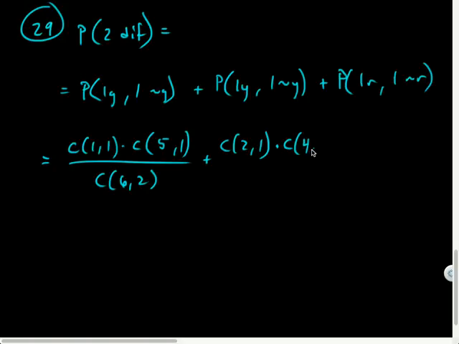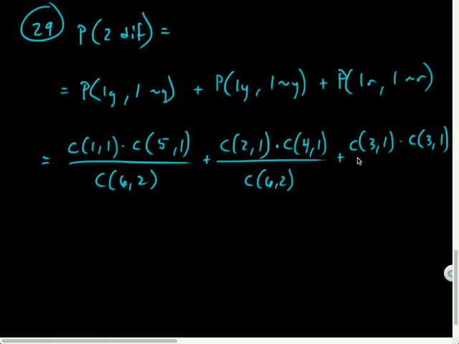Not yellows, there's a total of 4, over combo 6-2. And then 1 red and 1 not red. Well, red there was 3, right? And not red there would also be 3, over combo 6-2. So theoretically, if I add these all up, now, oh, wait a minute.